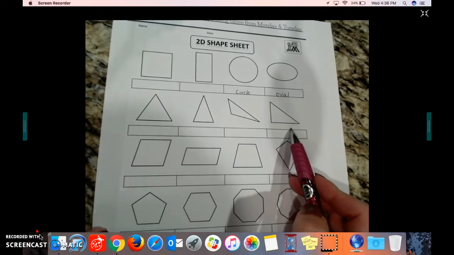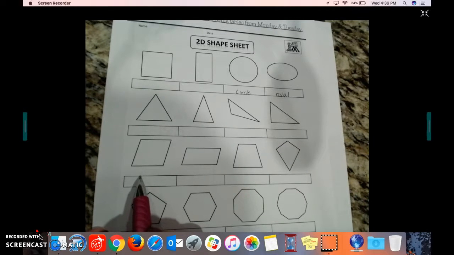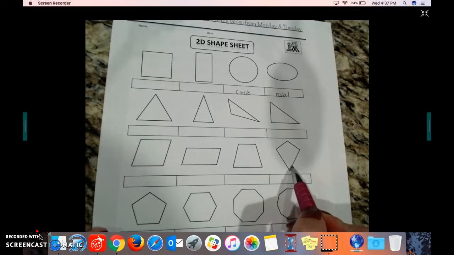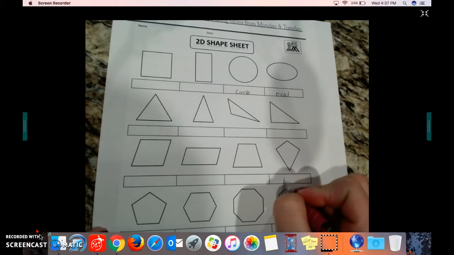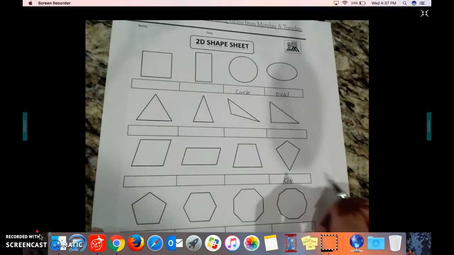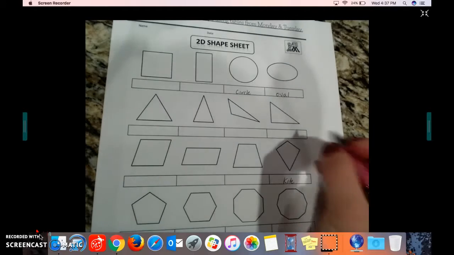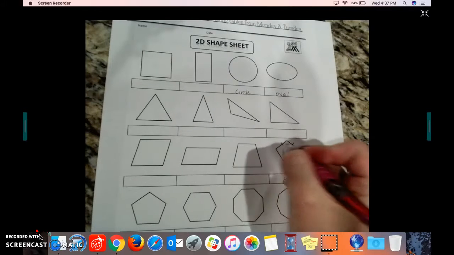This row of triangles, you should be able to look at your chart and complete, along with the items listed, these first 3. This image is actually what we call a kite. I know you may want to go back to previous day's work and think that it's a rhombus, but we have 2 pairs of adjacent sides that are equal.